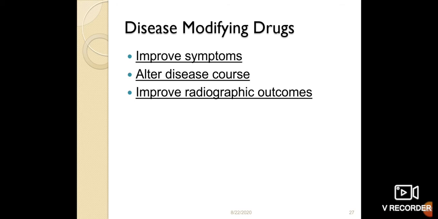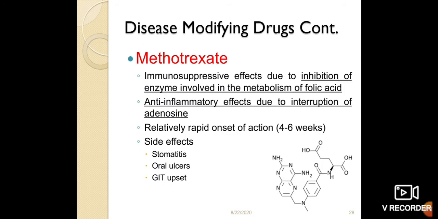There is another group here that is very important, the disease-modifying drugs. These disease-modifying drugs improve symptoms, alter disease course, and improve radiographic outcome, especially in rheumatoid arthritis. Examples of disease-modifying drugs include methotrexate, and this is usually used in treatment of rheumatoid arthritis.